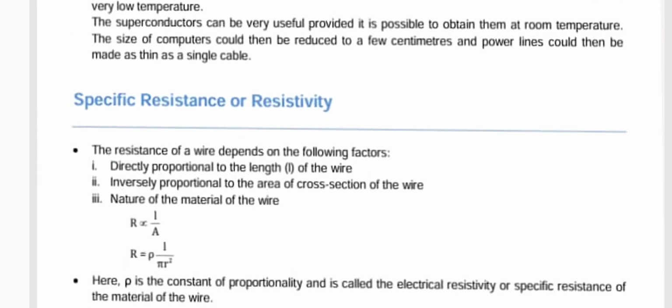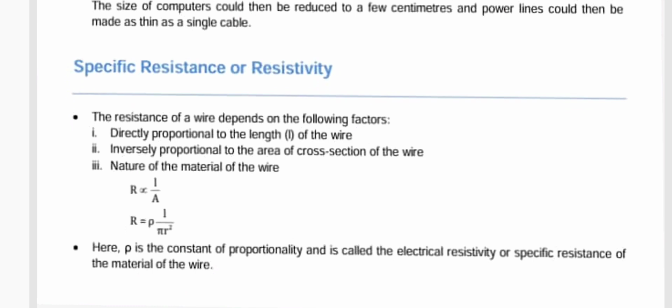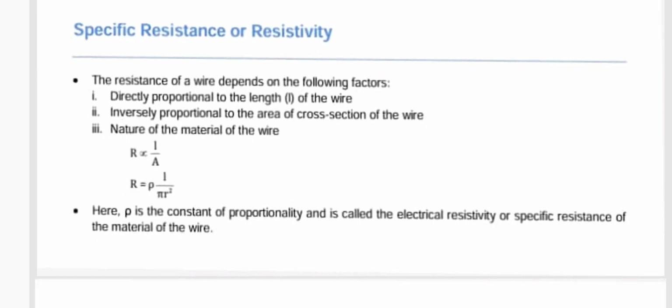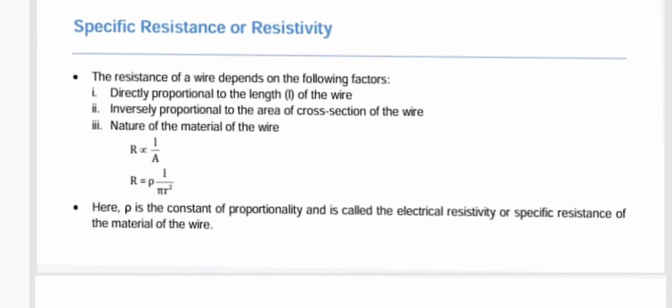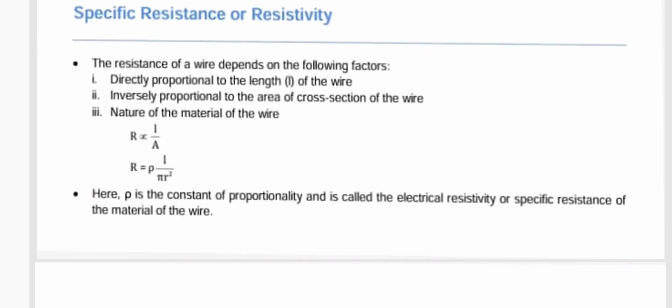Now, specific resistance or resistivity. The resistance of a wire depends on the following factors: it is directly proportional to the length L of the wire, inversely proportional to the area of cross section of the wire, and depends on the nature of the material of the wire.